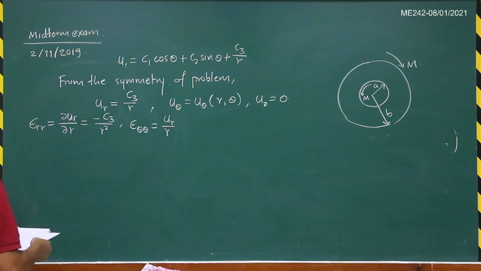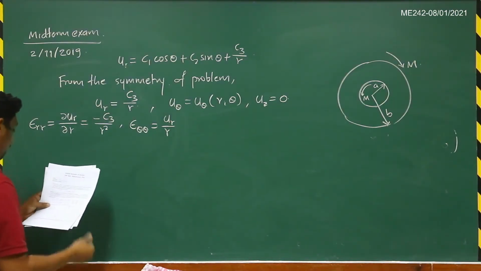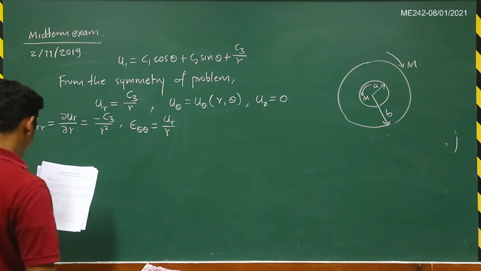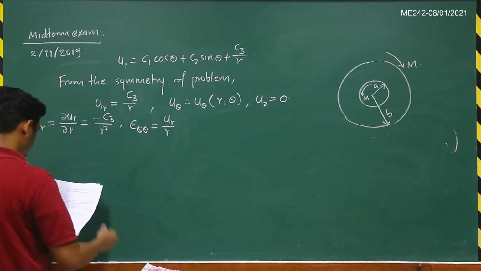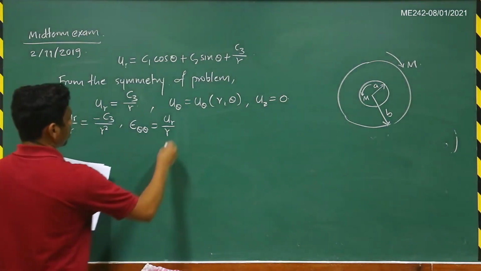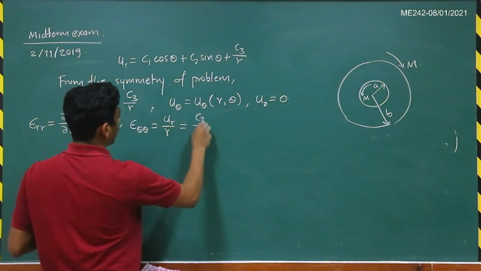These expressions are actually given in the question, so we can use them. So epsilon_theta theta equals C3 by r squared.